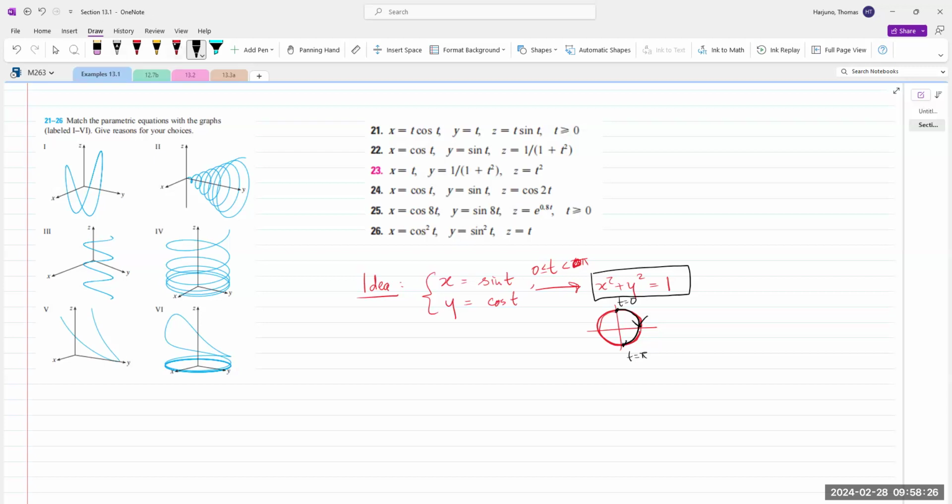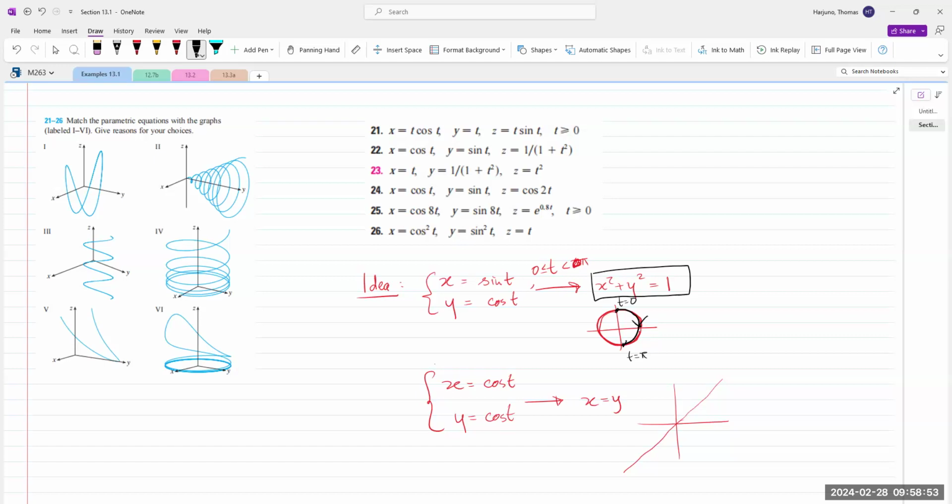Okay, another illustration. Suppose I have x equals cosine t and y equals cosine t. This one is easy, supposedly, right? Supposedly, you say, well, x equals y. But if you think about it, x equals y is actually a diagonal line with slope 1. Okay, that's the equation of x equals y.